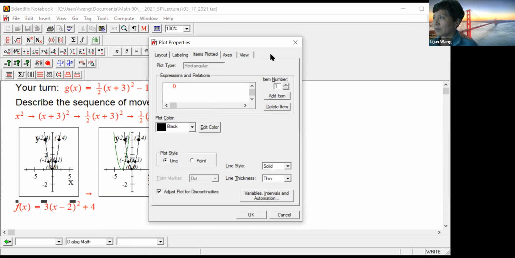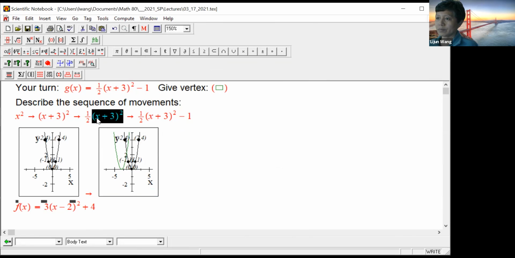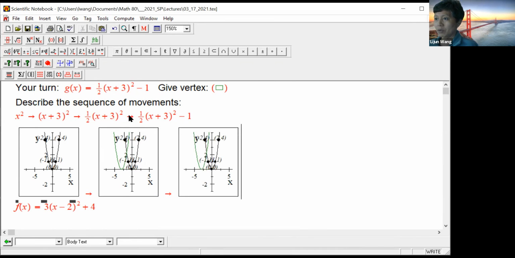And next, it's multiply by half. So the next movement, we take this picture and we multiply by half.